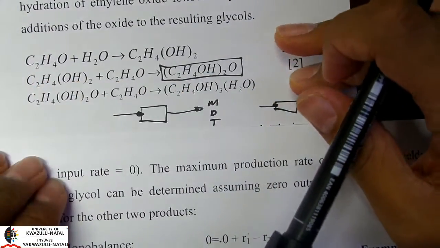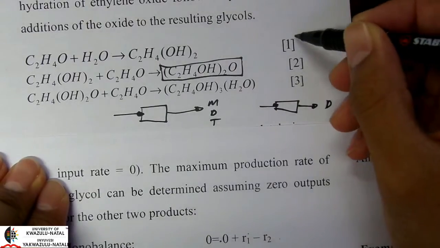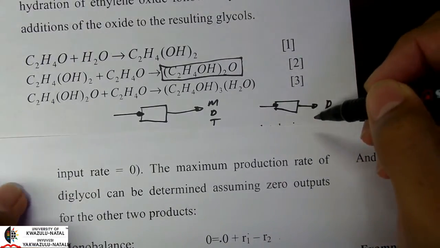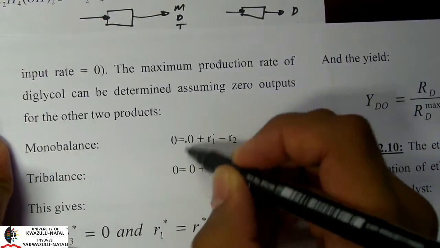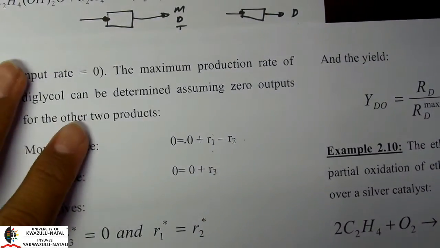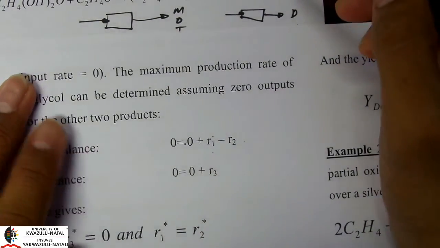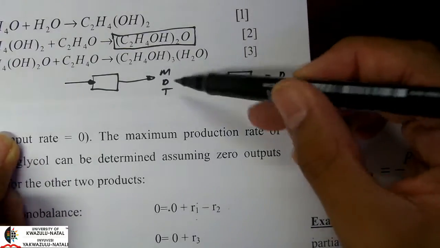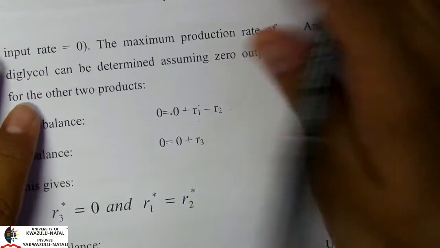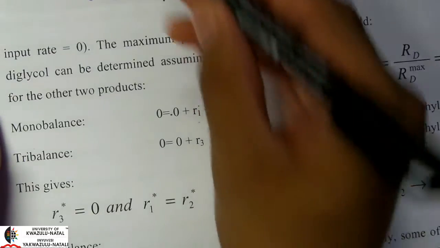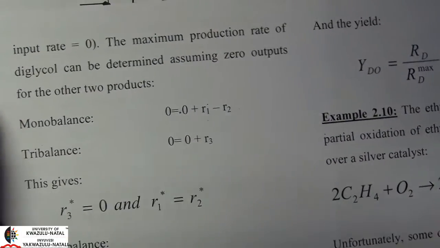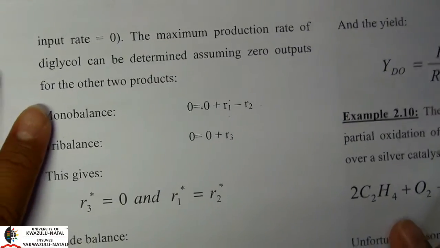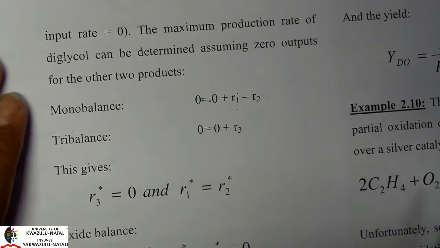No, in the balance we take into account all of these reactions, but we simply say that the output of these particular components is 0. Okay, so this is not ignoring the reactions, it is simply stating that the output of certain components in these reactions is 0. So if you stick to this particular rule, you should be fine.